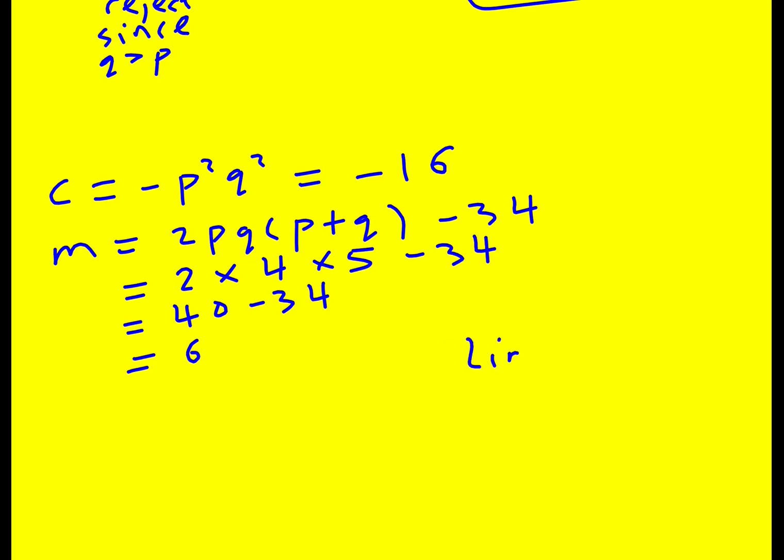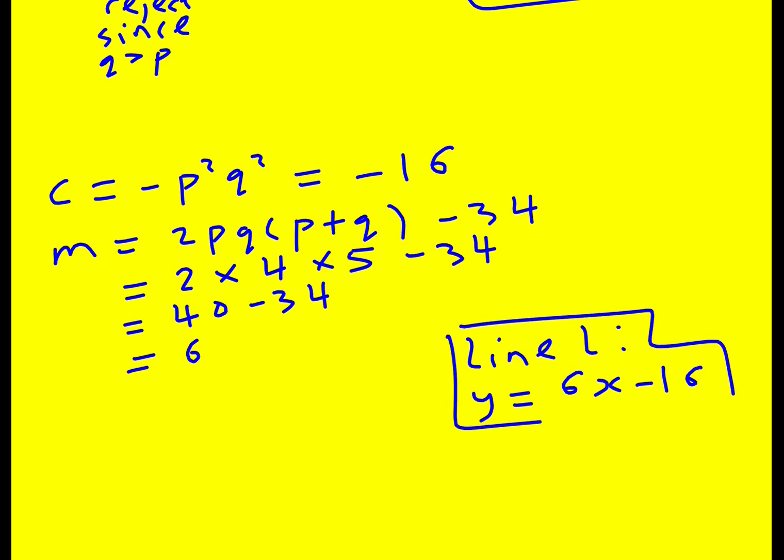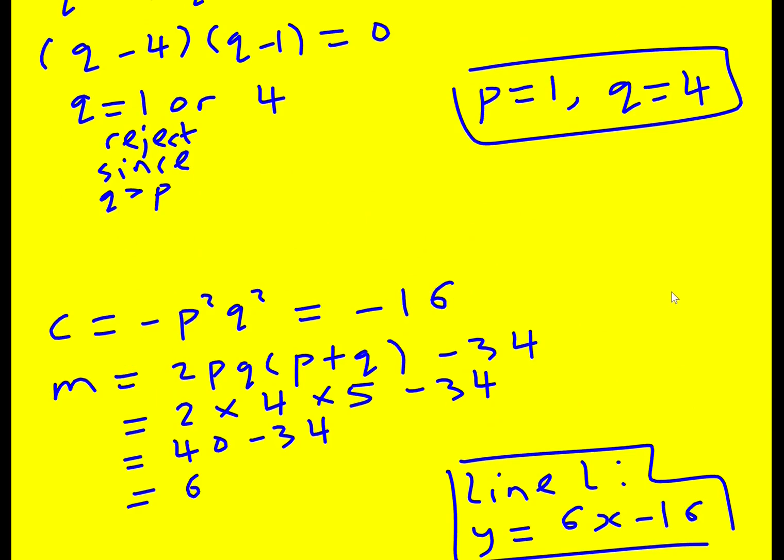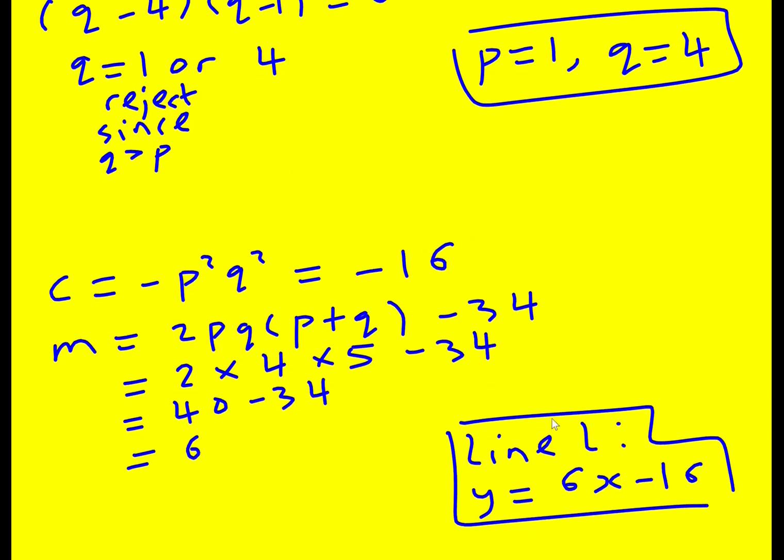So line L is y equals 6x minus 16. We found P, we found Q, we found line L as required.